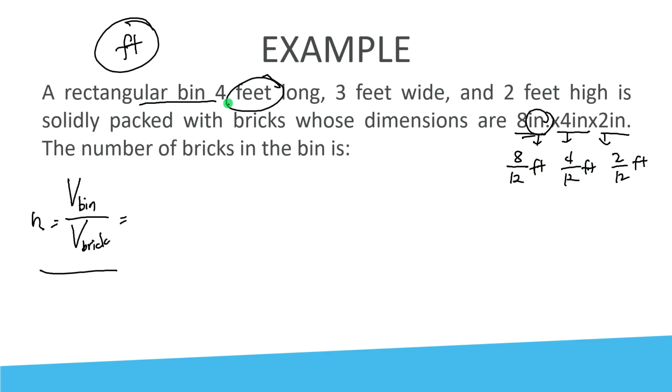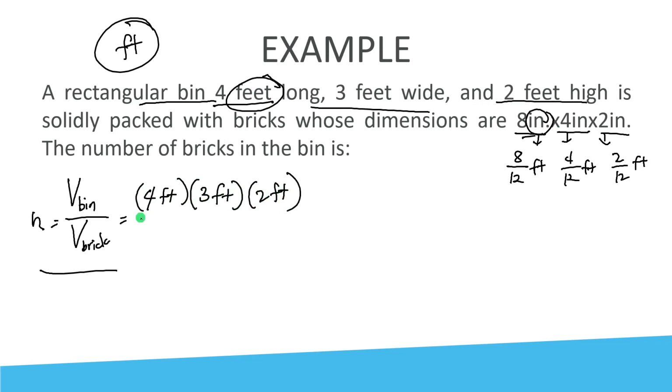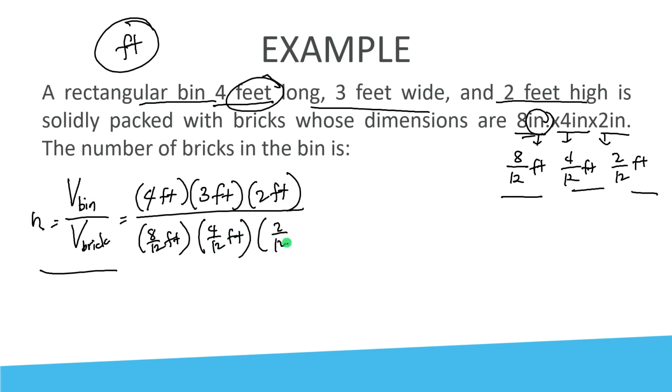First, the volume of the bin, given dimensions length, width, and height. So L, length times width times height. That's the volume of that rectangular bin. So we have 4 feet times 3 feet times 2 feet, to be divided by 8 over 12 feet, 4 over 12 feet, 2 over 12.